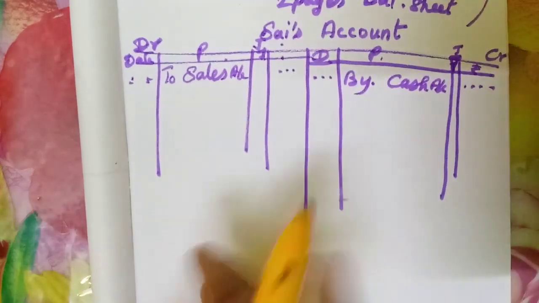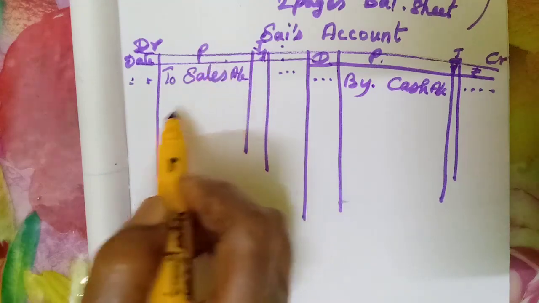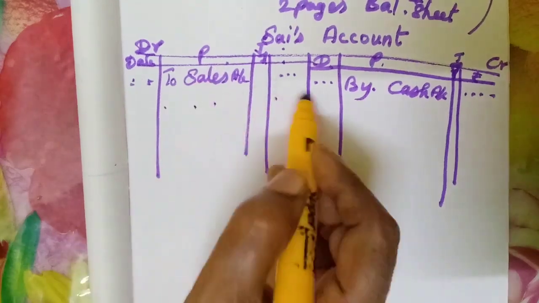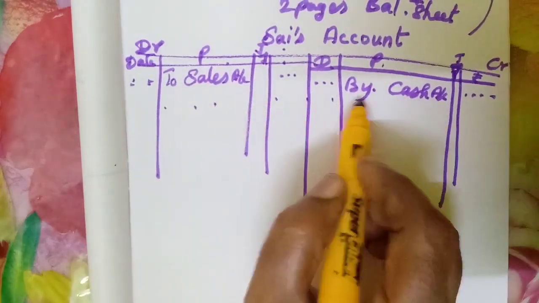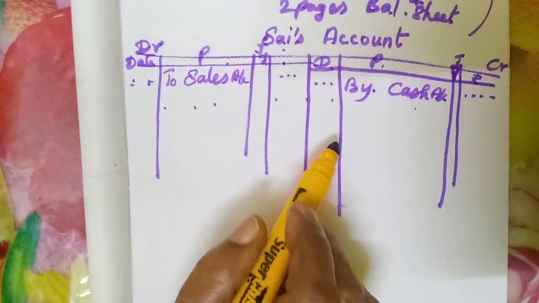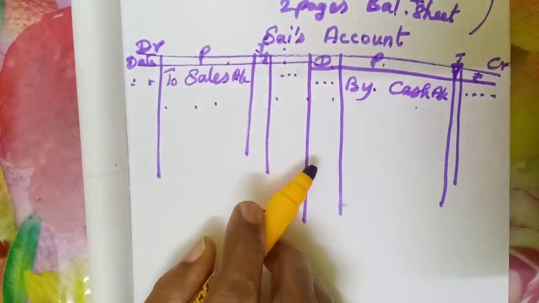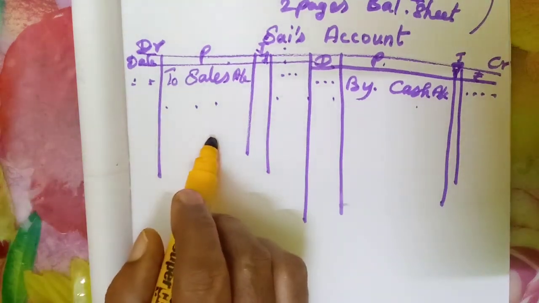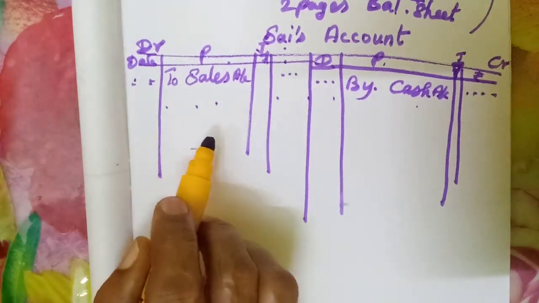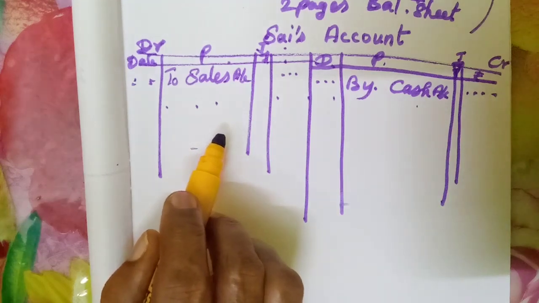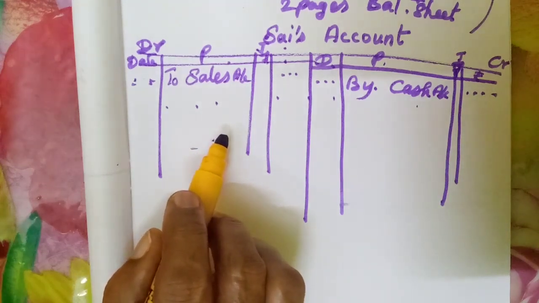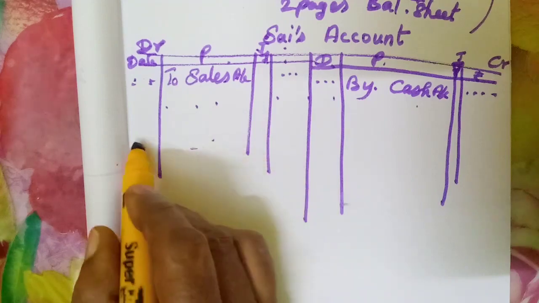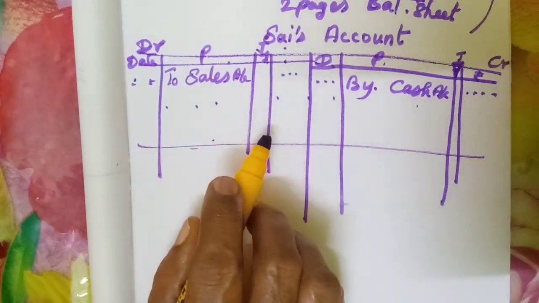Any other day we make sales, and if we receive cash, then at the end, in some places they will balance the account daily, weekly, fortnightly, that means every two weeks, or even monthly. That's the format of the ledger account.